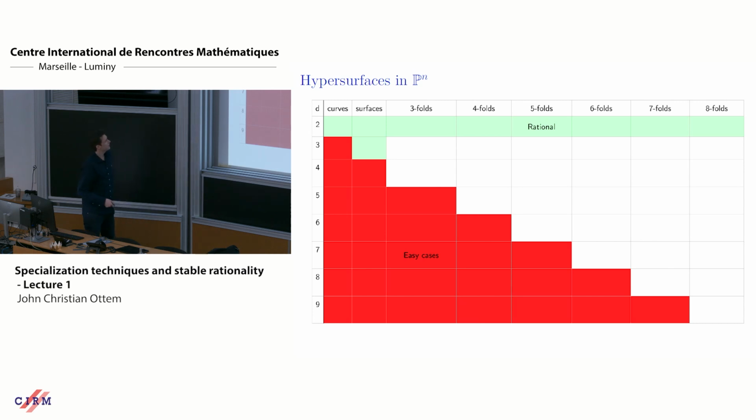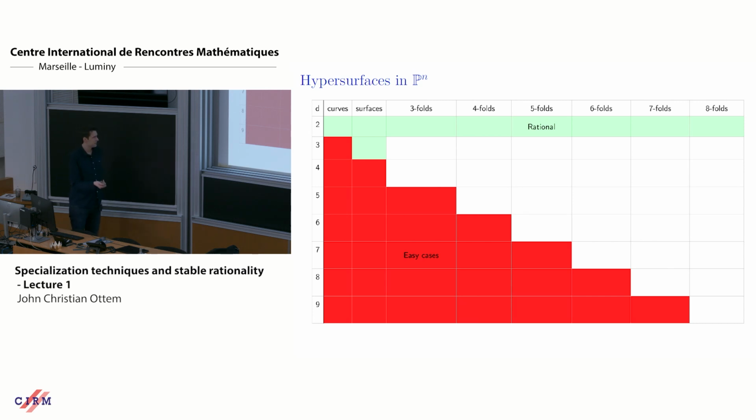Everything that you see in green is rational. The degree 2 hypersurfaces, they're all rational. And then you have this sort of outlier here, which is the cubic surface. We've probably all seen that this is rational. And then we have everything in red here.